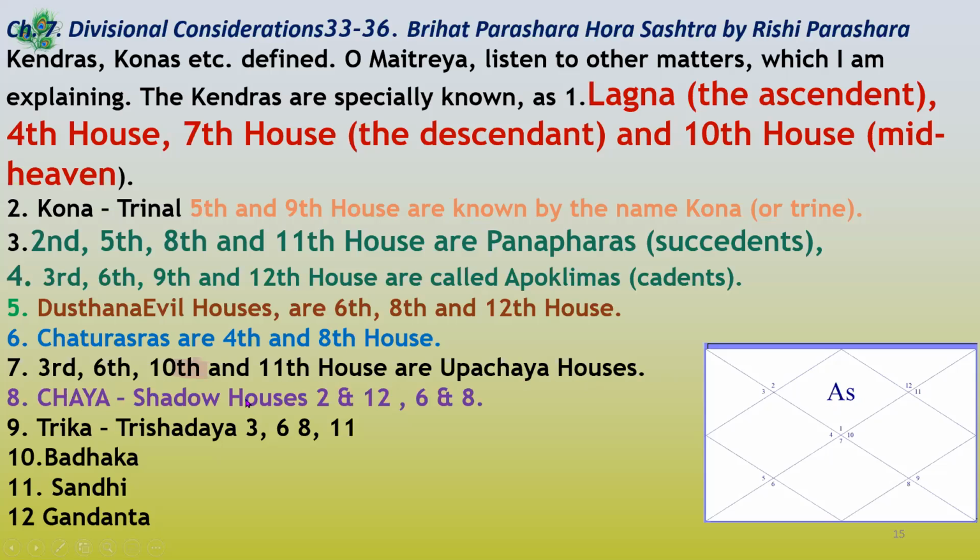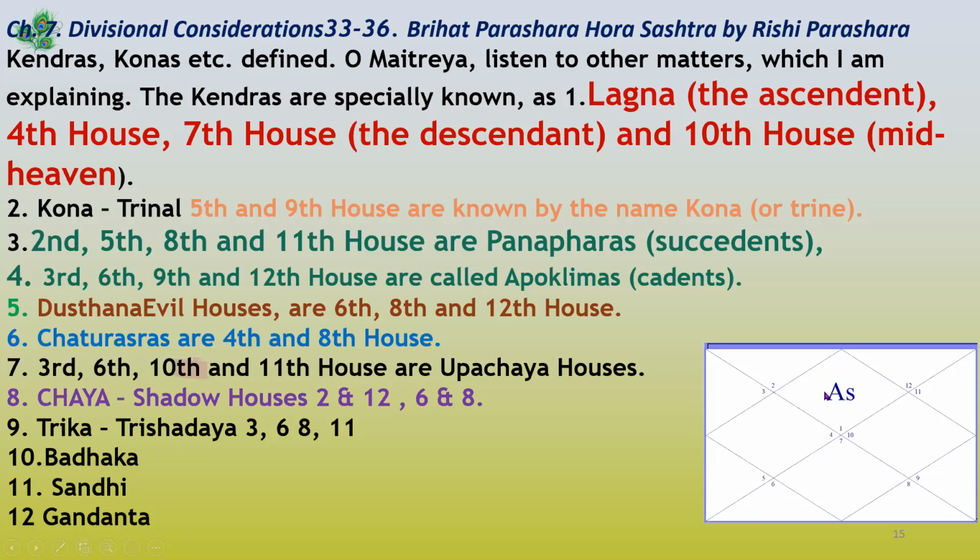Then we have the Chaya houses, the shadow houses: 2, 12, 6, and 8. From the Lagna point of view, you can't see the second and 12th houses, or the 6th and 8th houses. We will come to why they are the Chaya or shadow houses, because there is no trine aspect.